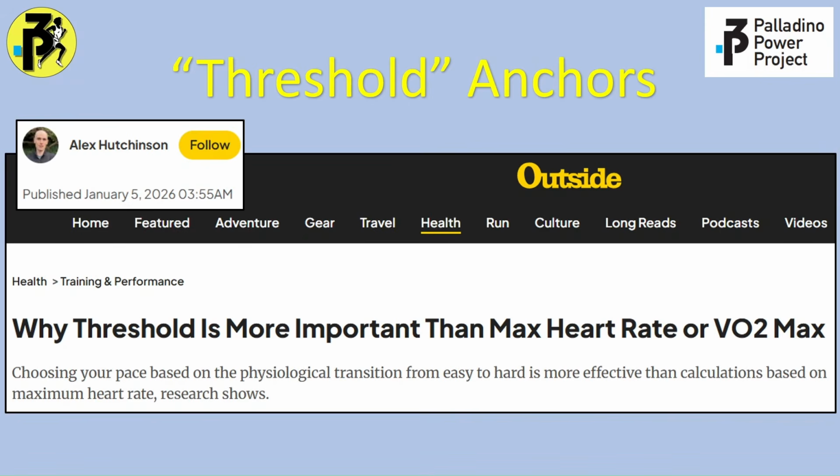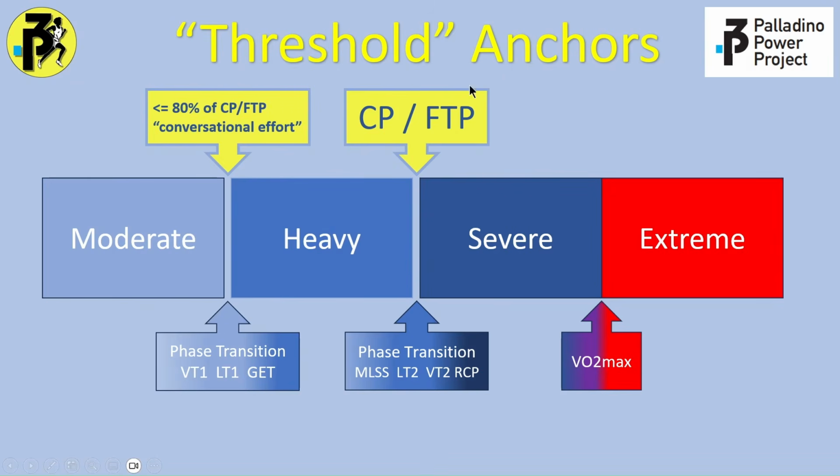So the important thing, brought out by Alex, is that yes, using these threshold markers, quote unquote, or phase transition markers, really enhances your training prescriptions. And once you get those primary markers, you can get into more significant, more precise markers within that.